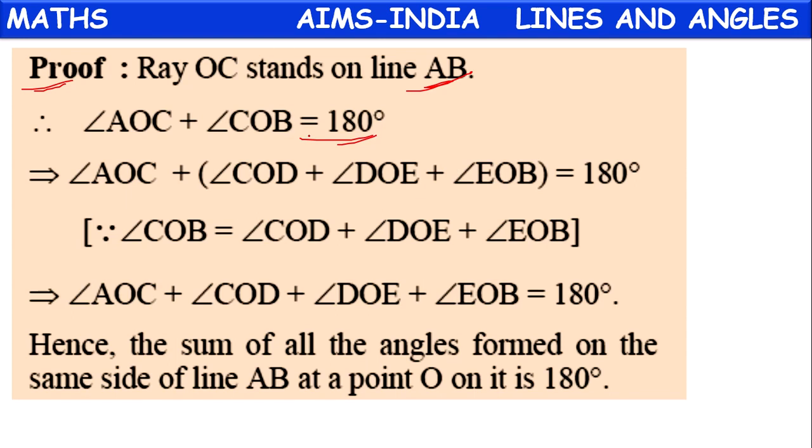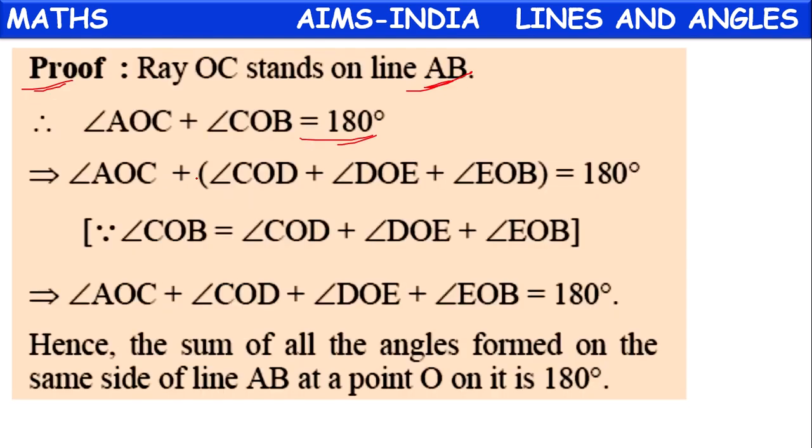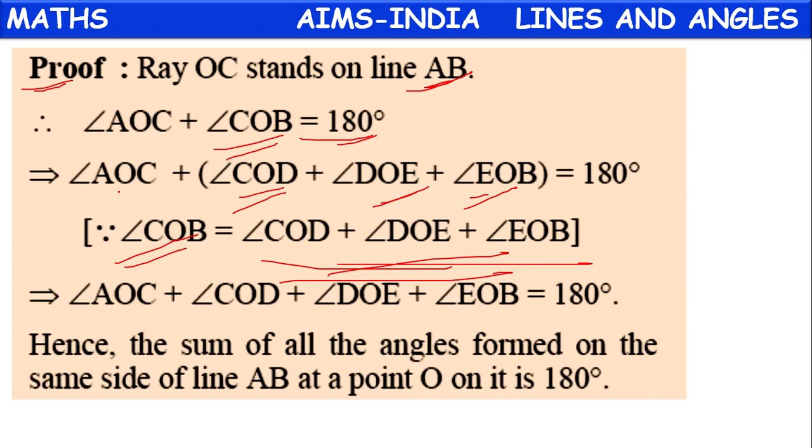But what is COB? COB is a combination of COD plus DOE plus EOB. The combination of these three is called COB. So in the place of COB, we can keep its components COD, DOE, EOB, because COB is nothing but the sum of these three. So the sum of all four angles will become 180 degrees.